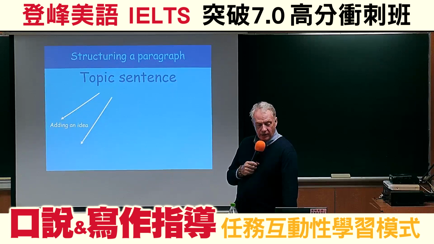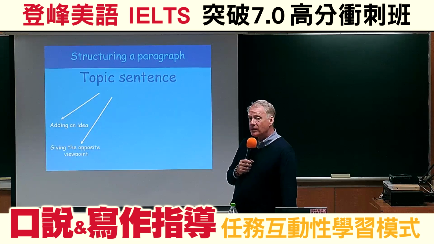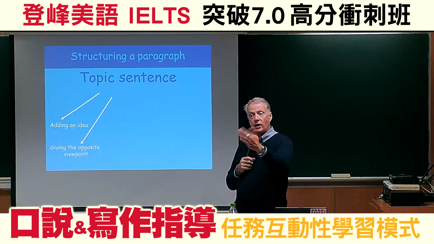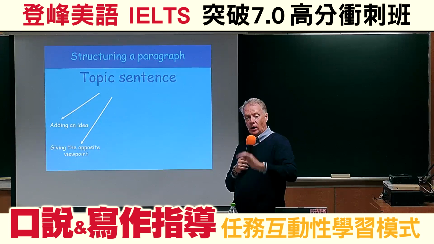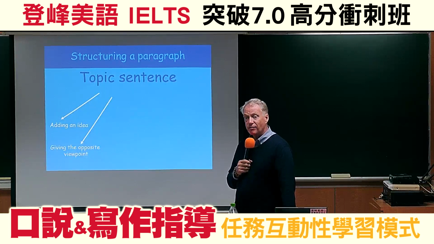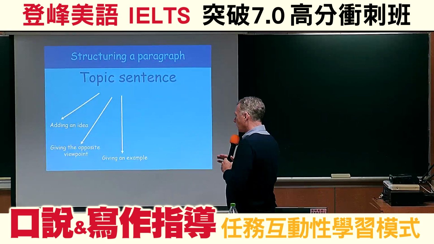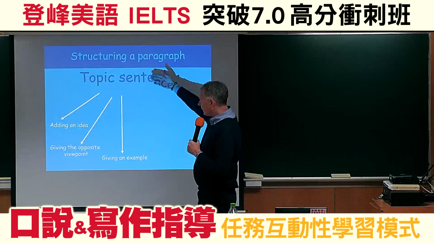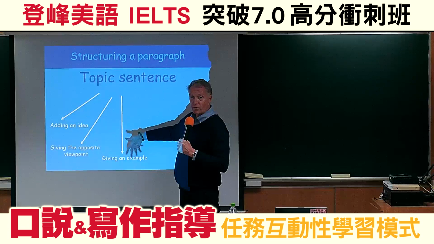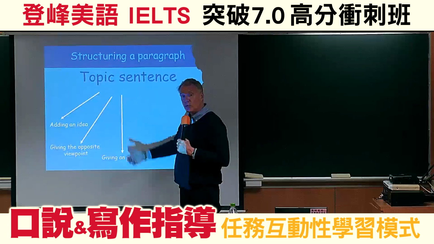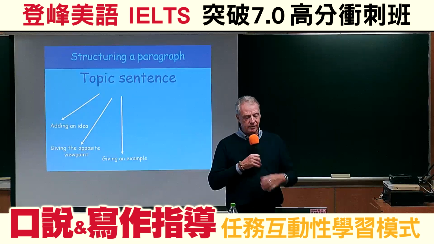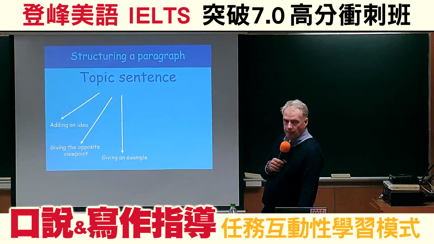Second, you can give an example or give the opposite viewpoint, right? You can give the opposite viewpoint of the topic sentence, specific information. Third, you can give a specific example of the topic sentence. So you give an example from your life, or you give an example from your experience, specific information.